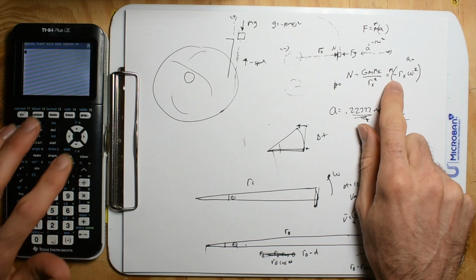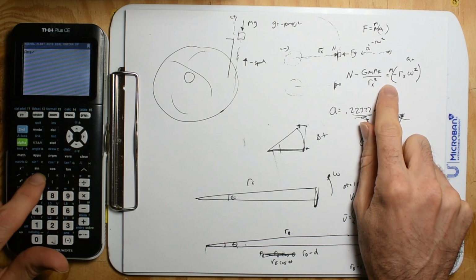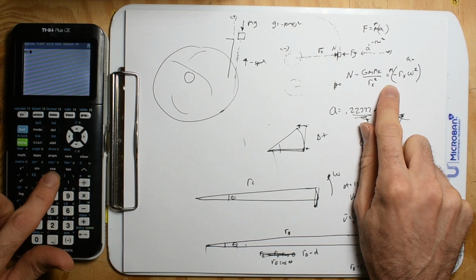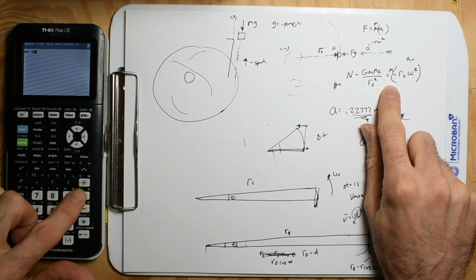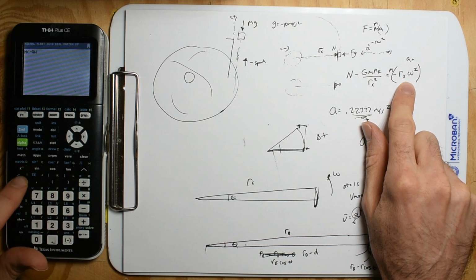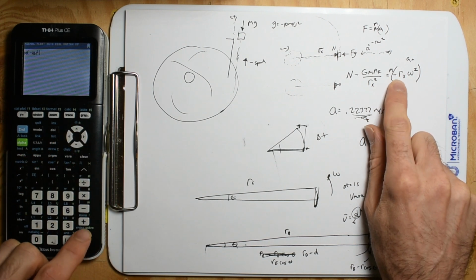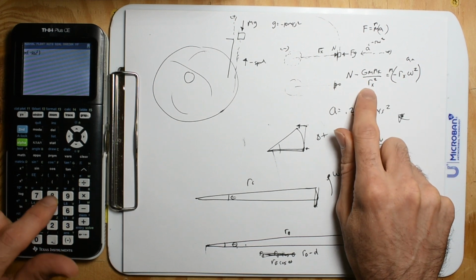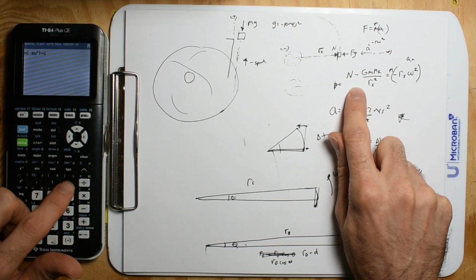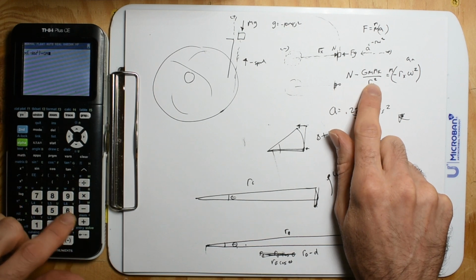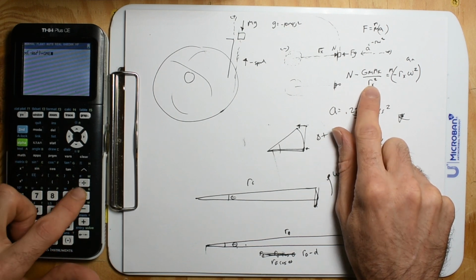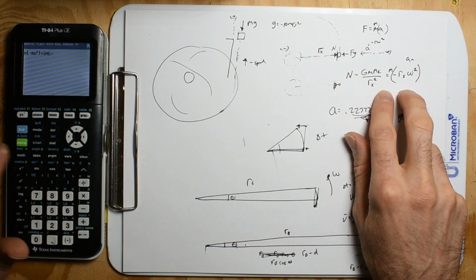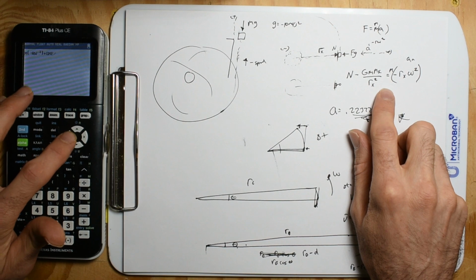So let's now redo this one. This is mass times negative R omega squared. So that's that term. And this is negative over here, so we're going to add it to the other side: G times the mass of the Earth, M_E, divided by R squared.